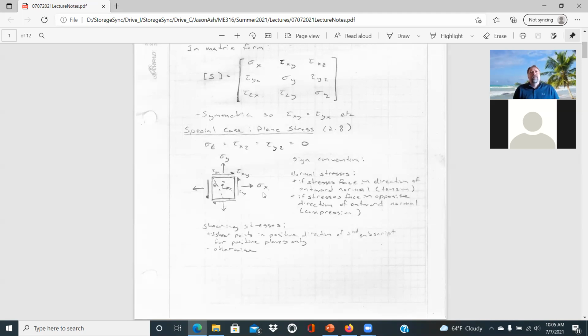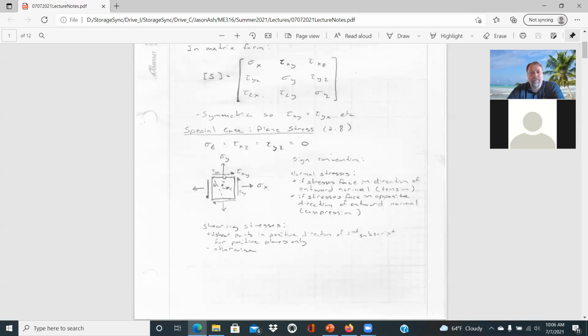With Hibbeler's textbook, there was always some confusion about the sign of the shear stress. When you look at the X and Y axes drawn here, look at the positive face: if the shear stress is facing in the positive Y direction, that would be a positive shear stress, and if it's facing in the other direction, it would be negative.